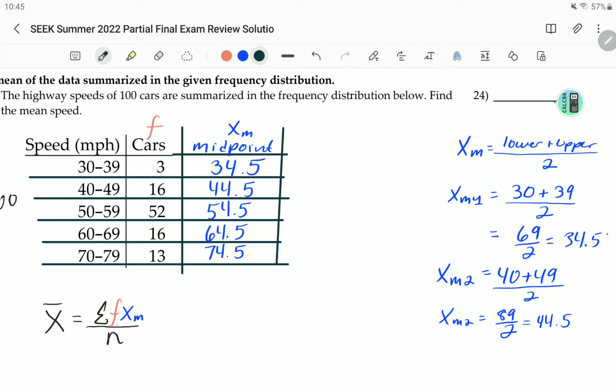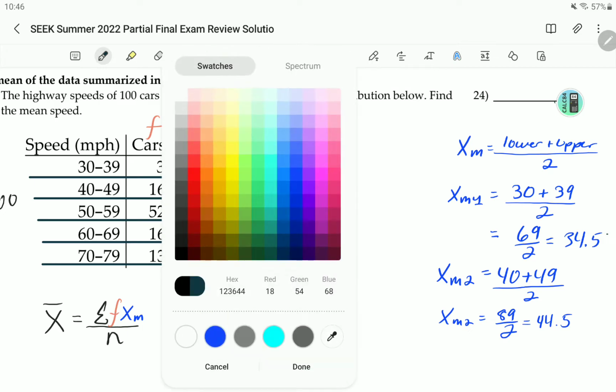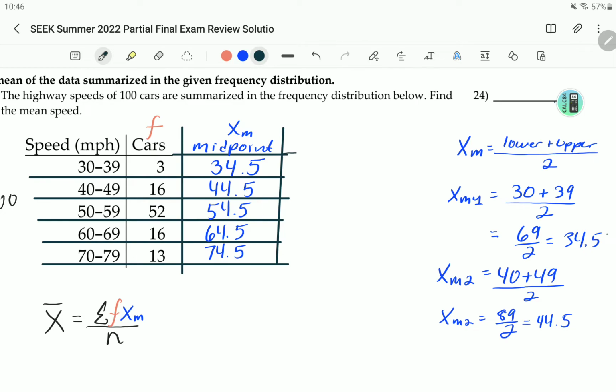Now, in our formula, if you look here, we have the frequency times the midpoint, and then we have the sum of the frequency times the midpoint. The multiplication comes first. So now let's create another column for frequency times midpoint.